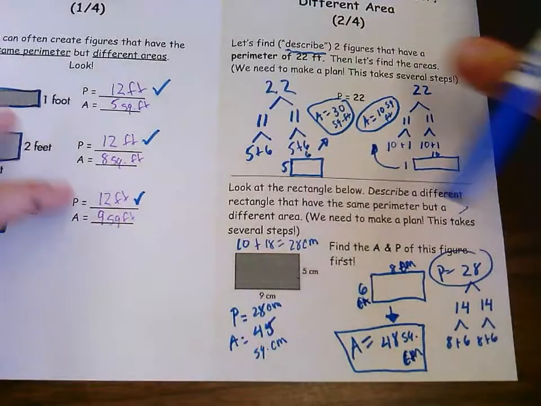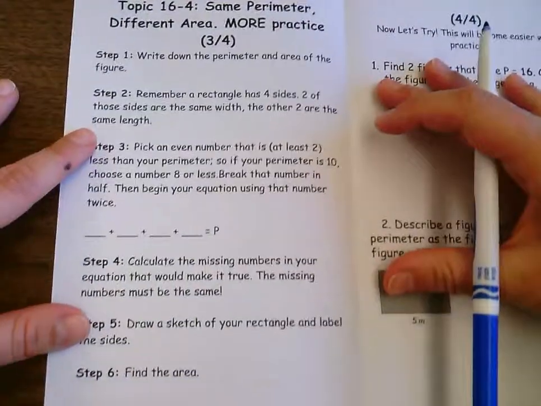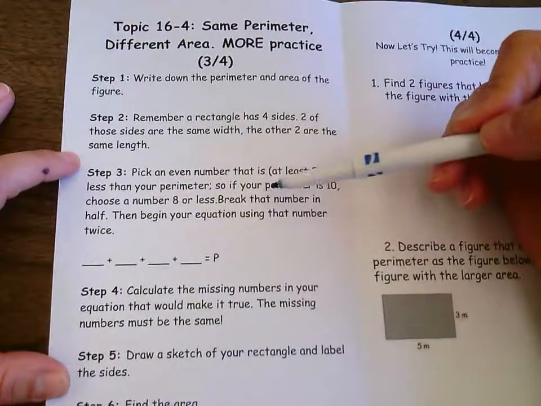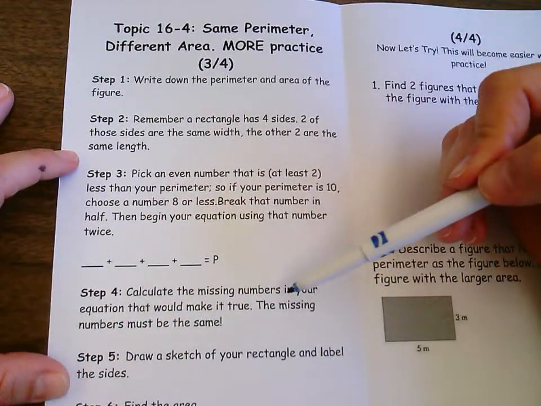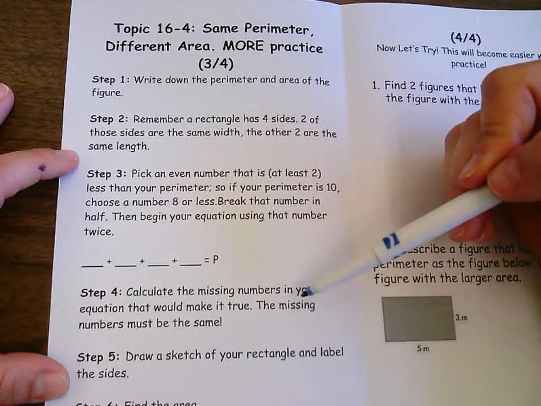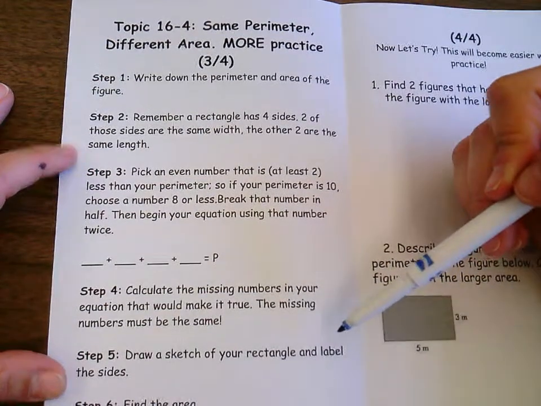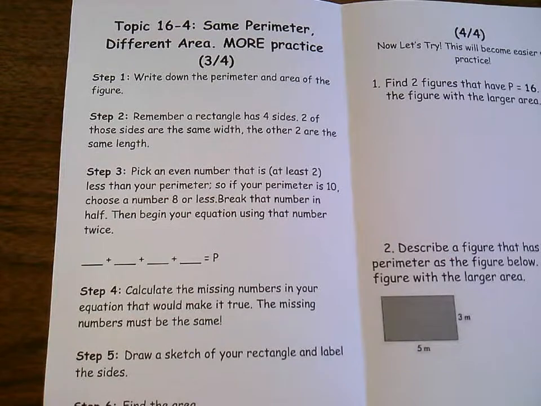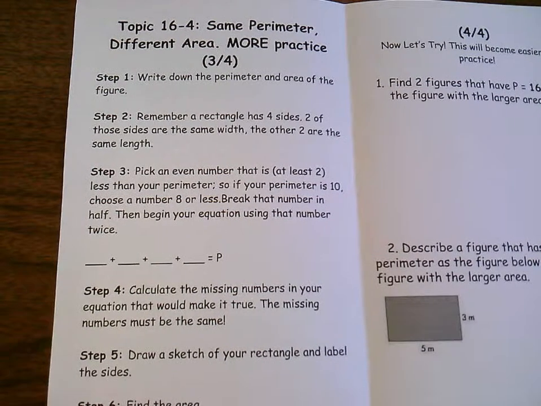All right, so now let's move on to our next note sheet. Over here, I've written down the steps to figure out how to find the shape with the same perimeter and a different area.